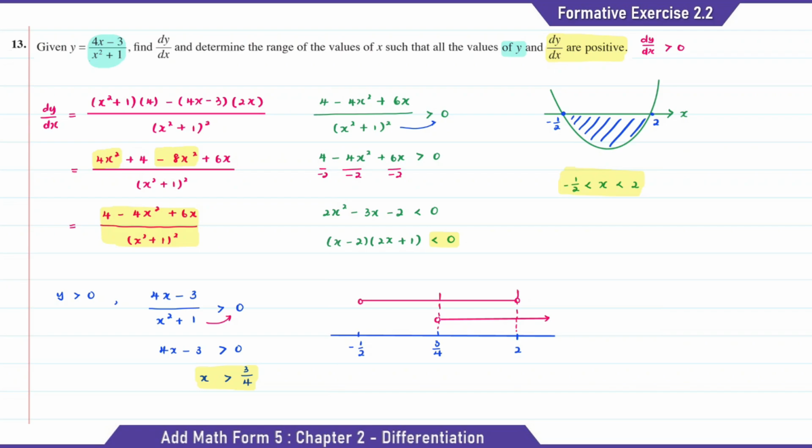So the part that satisfies these two ranges will be in between 3 over 4 and 2. Therefore, the final answer for the range of values of x will be x greater than 3 over 4 but less than 2.